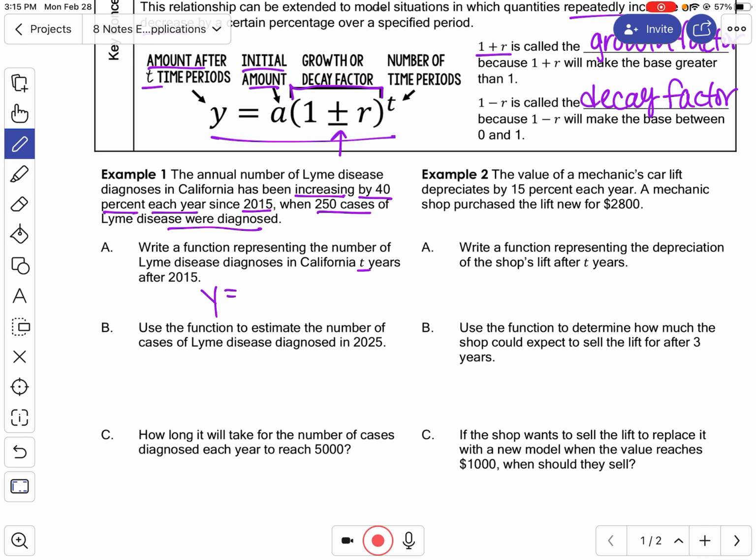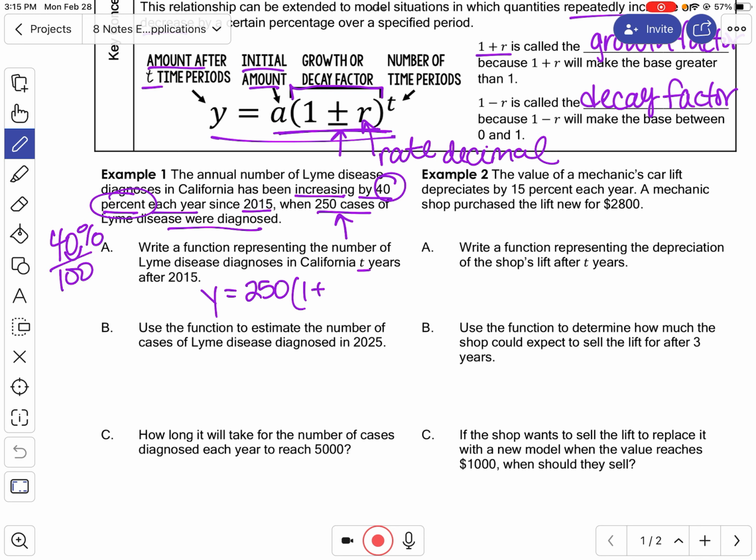My starting amount is 250 cases, my initial amount, so 250. I'm plugging into this formula up here. And since it's increasing, I'm going to need, in parentheses, 1 plus r. r represents your rate on the formula, and it needs to be in decimal form. So notice that our rate was 40%. For 40%, you either need to divide it by 100 or move your decimal 2 places to the left.